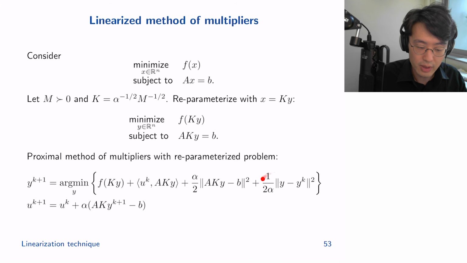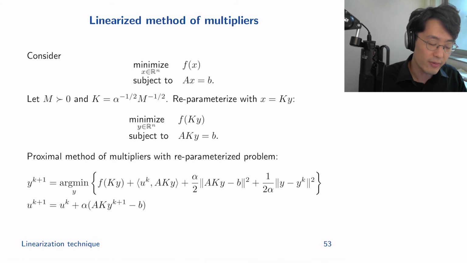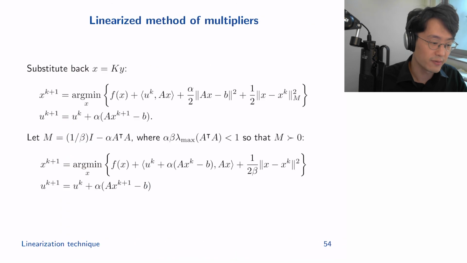But the proximal term in the proximal method of multipliers, at least as is, has the regular norm squared rather than the M norm. So this is the proximal method of multipliers applied to the reparameterized problem. But now that we've obtained the method, we revert the reparameterization and go back to the x variables. So we substitute back x is equal to Ky, and then we get this.